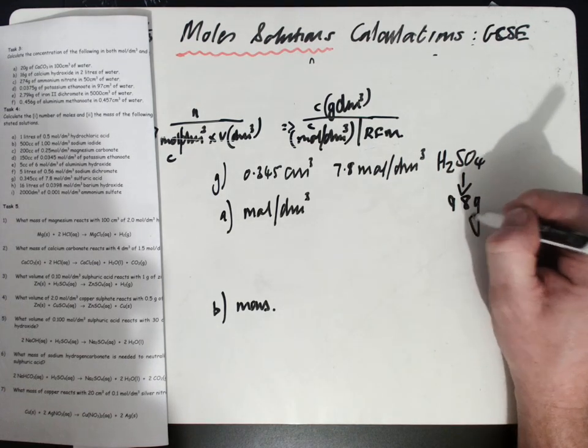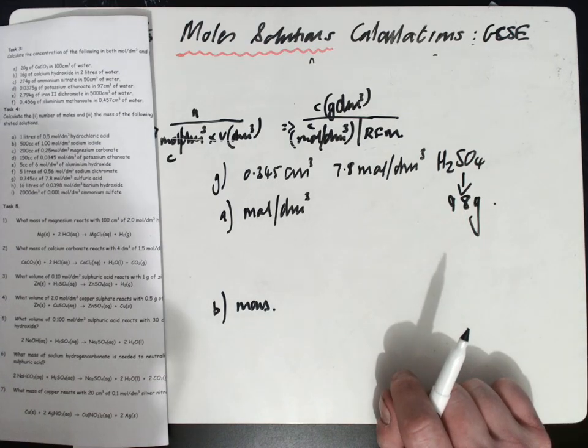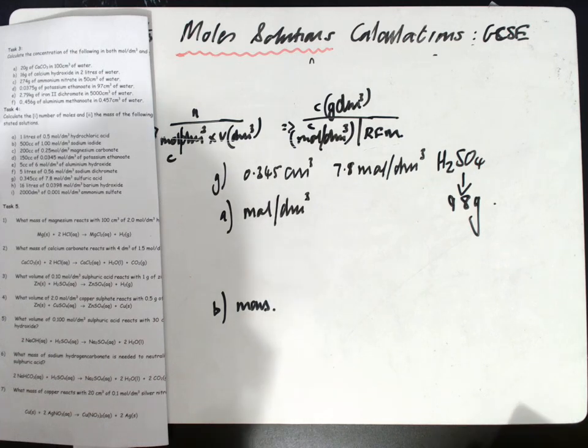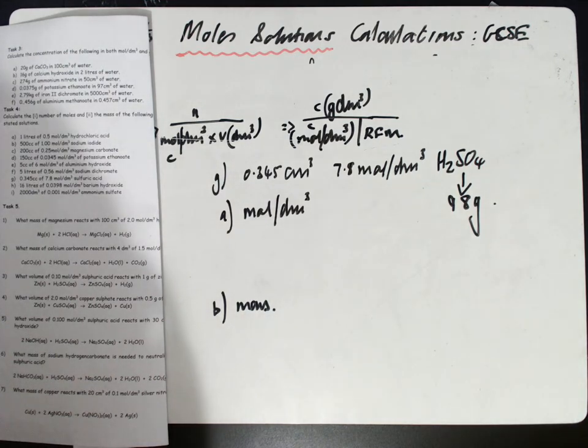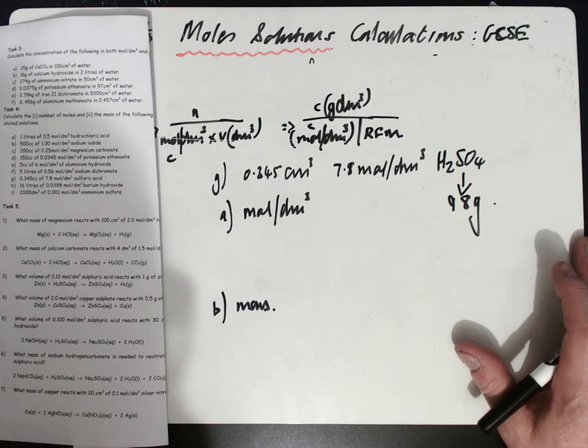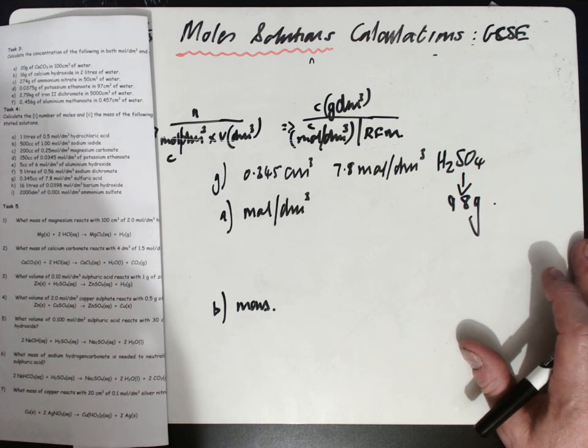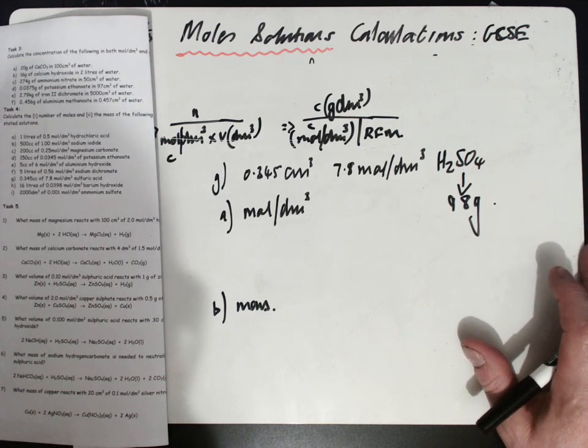Molar mass of sulfuric acid, the RFM of sulfuric acid is 98. That's a useful fact that you pick up as you teach a bit of chemistry. It's actually quite a good RFM to have embedded in your head, guys. If you're working in an exam, it does come up rather frequently.